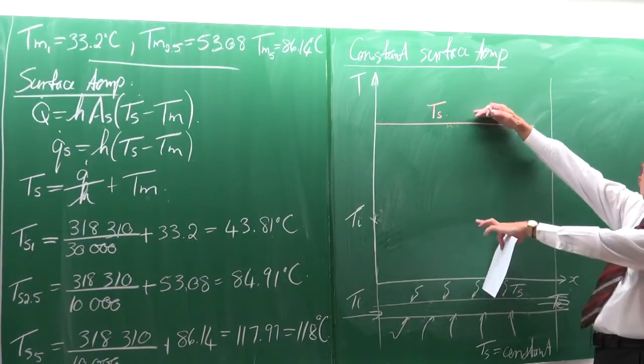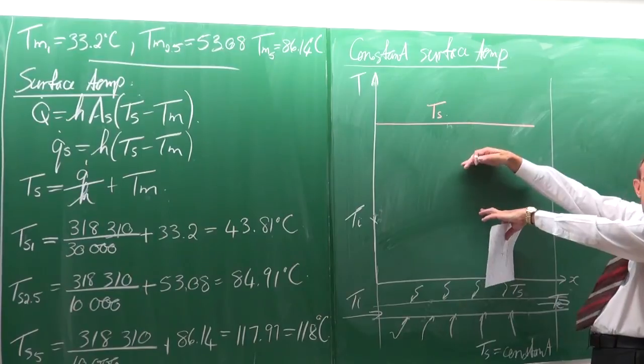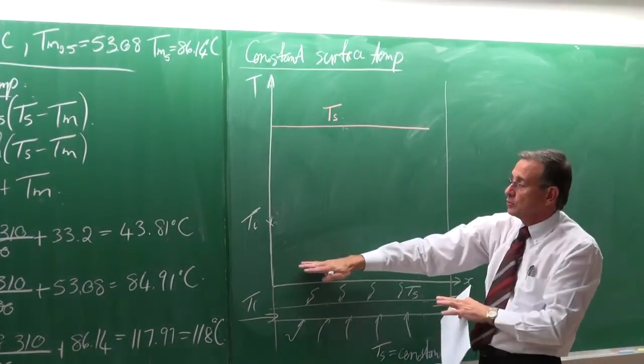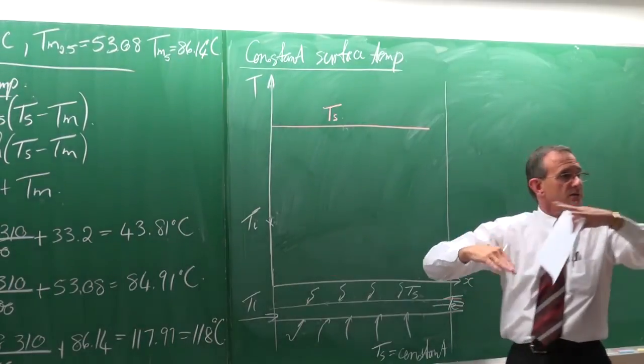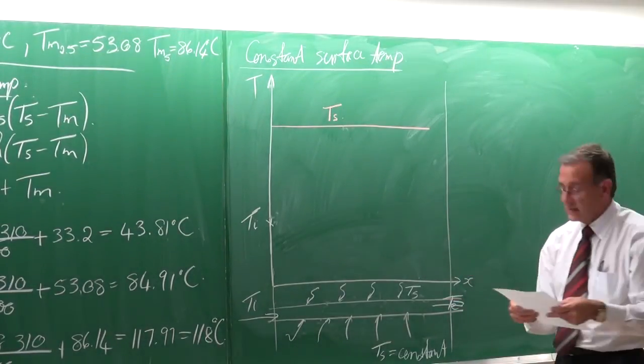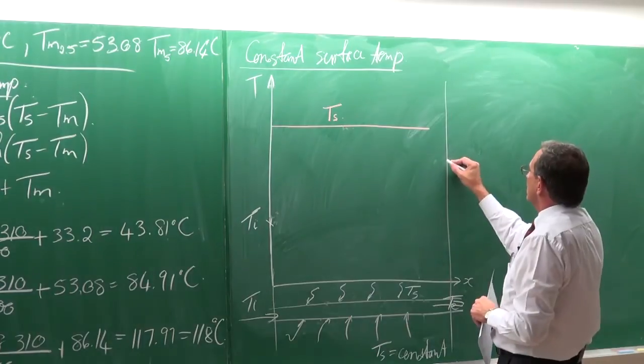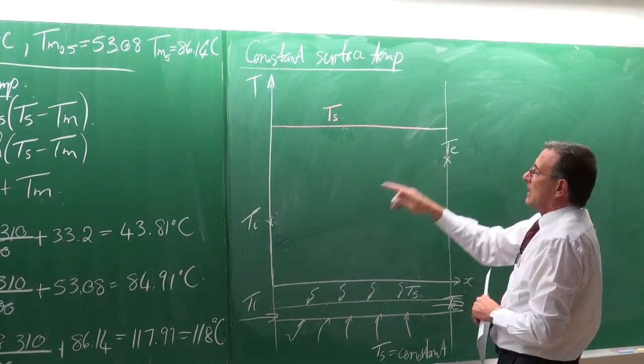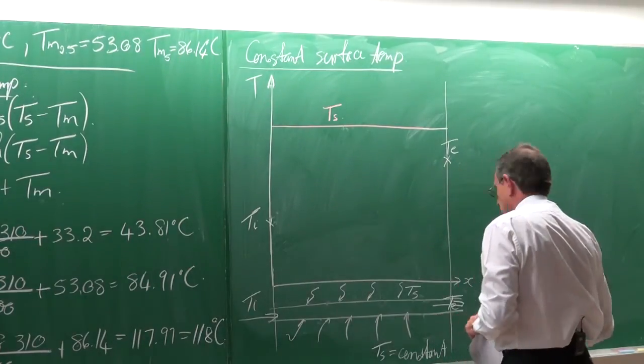In this case, I've drawn the sketch as if we are doing heating, but it can also be cooling. If it is cooling, then that temperature would of course be just below it, so it doesn't matter. Okay, so we are interested in obviously getting the outlet temperature and the temperatures in between.